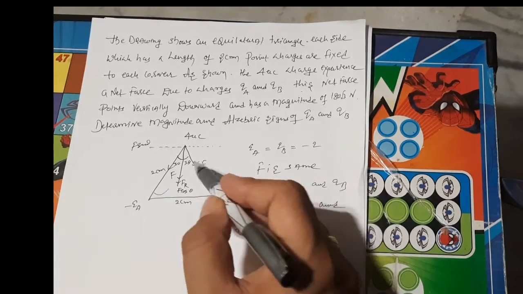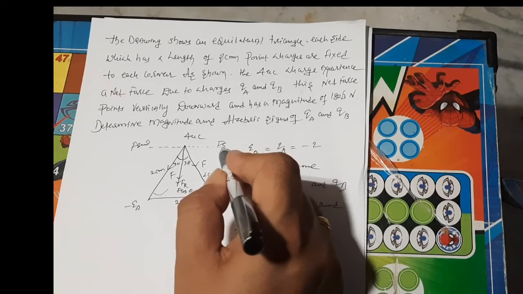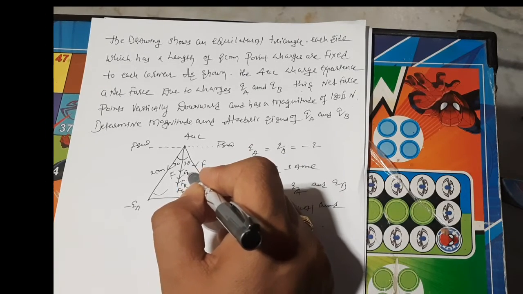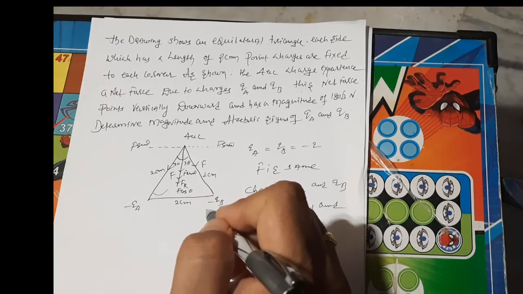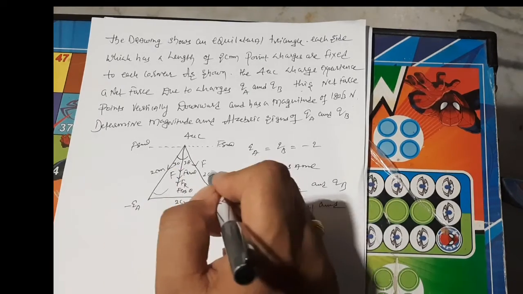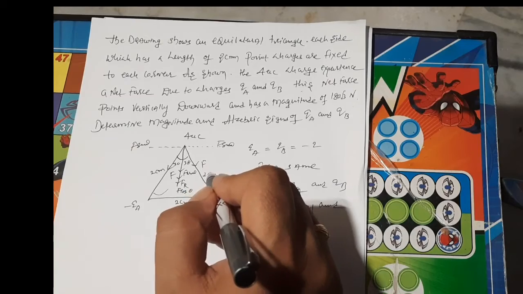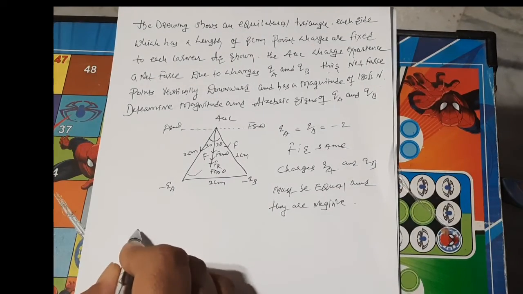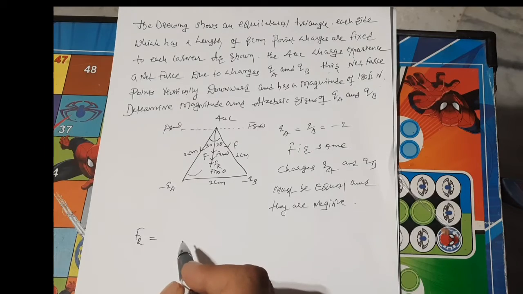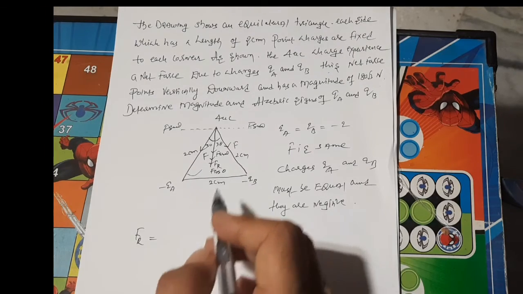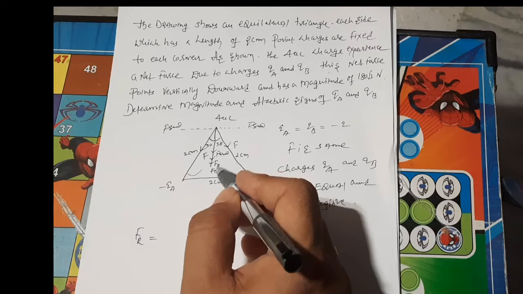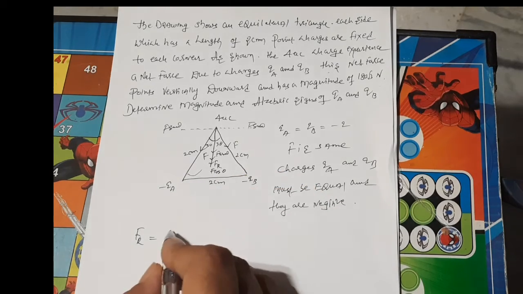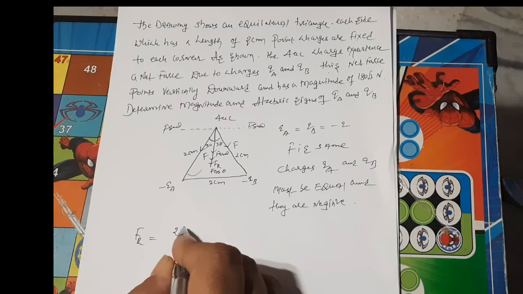The F sin theta components are equal in magnitude but opposite in direction, so they cancel each other. So the resultant force Fr is equal to the sum of the F cos theta components, which are in the same direction, so they are added. That means you have 2F cos theta.